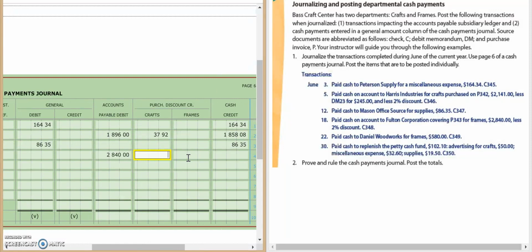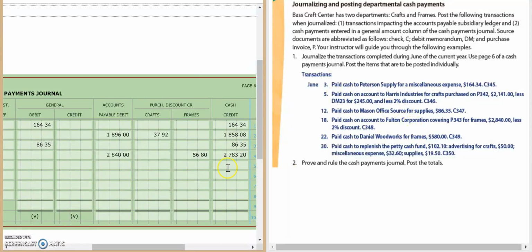So we're going to take 2,840 times 2%, and that's $56.80. That's again going to go under the frames section because it says that we paid for frames. So again, we're then going to take our 2,840 and subtract out $56.80, and we get a total of 2,783 and 20 cents. So you just have to make sure that you read carefully to see if indeed you had any returns or not, and for that one we did not.